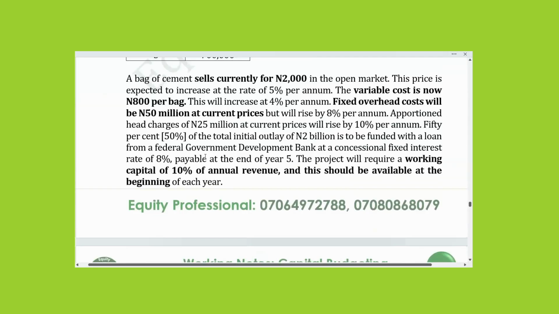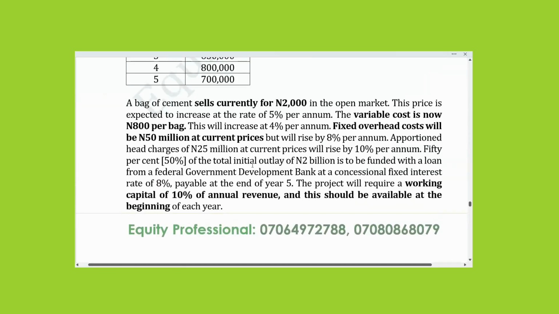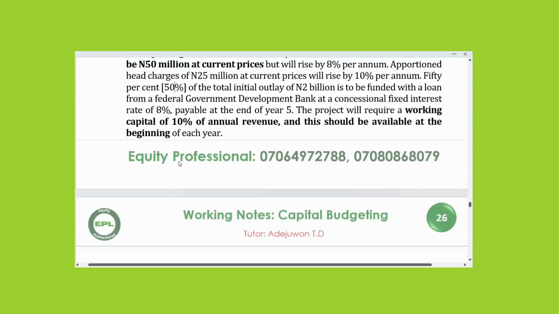Loan and interest. Interest on loan. Yes, we can also talk about interest on loan. 50% of the initial 2 billion, that will be 1 billion naira. So we can talk about that.